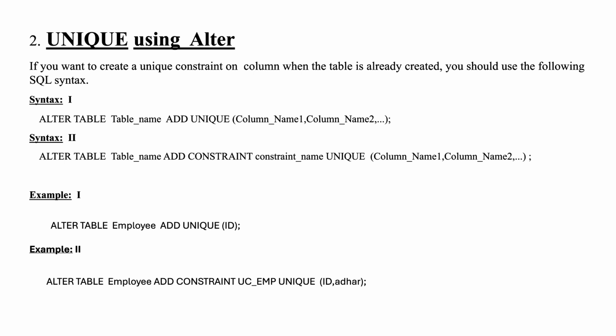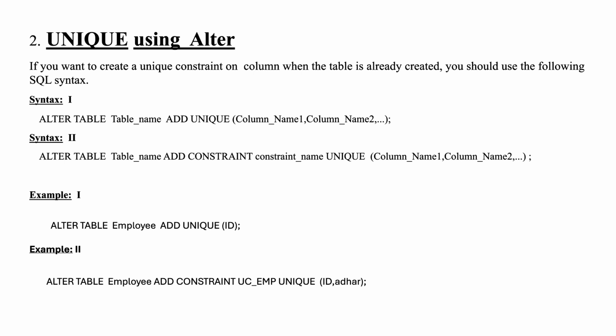Second syntax: alter table, table name, add constraint, any valid constraint name, then unique and in brackets the column list.